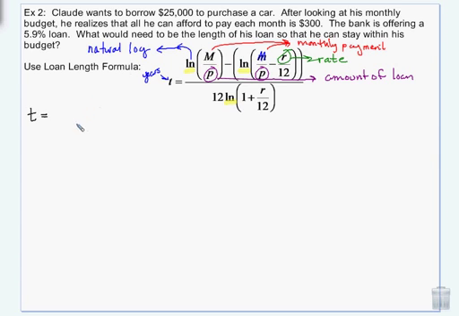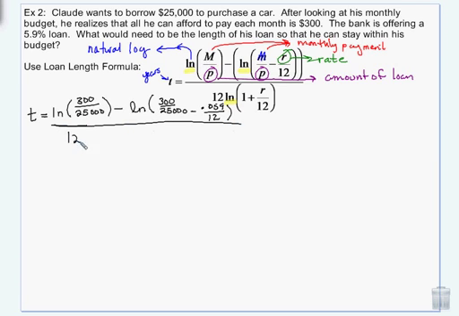All right, so we'll have the natural log, and he wants to pay $300 a month, and he wants to borrow $25,000. And then we're going to subtract from that the natural log of the same fraction minus the rate, which is 5.9% over 12, over 12 times the natural log of 1 plus the interest rate divided by 12.